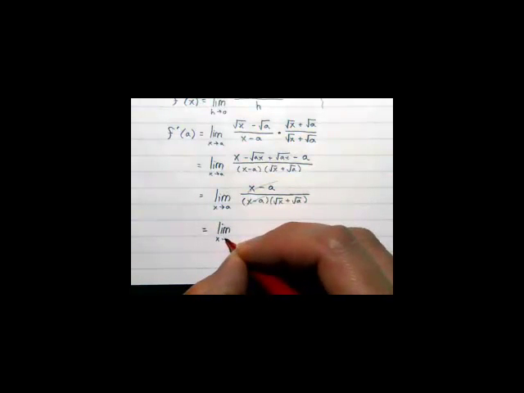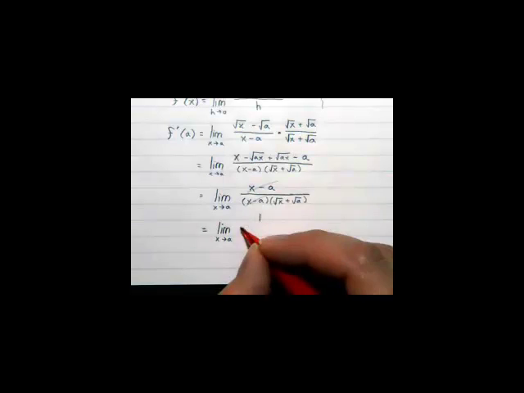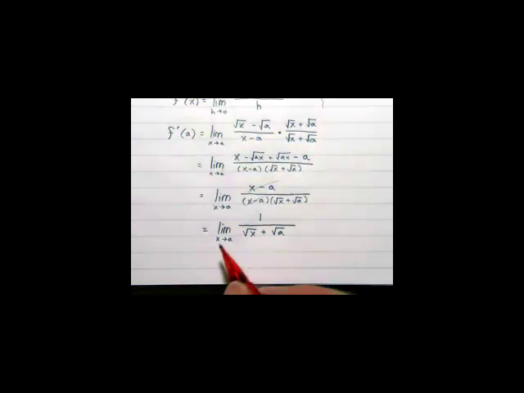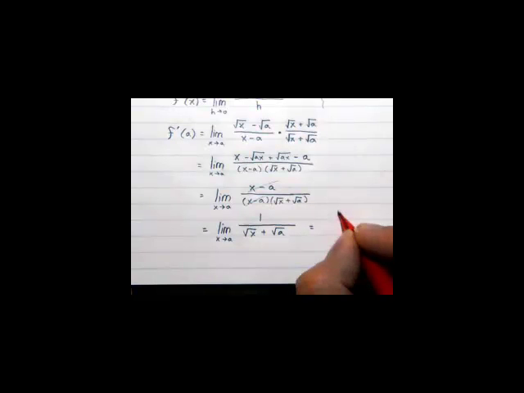we've got the limit as x goes to a of 1 over square root x plus square root a. And so if I take this a and plug it in now, because I can, I have 1 over 2 square root a, because it would be square root a plus square root a underneath there.